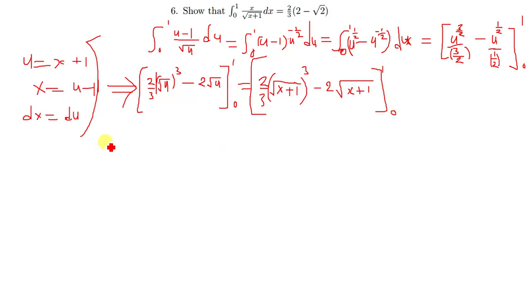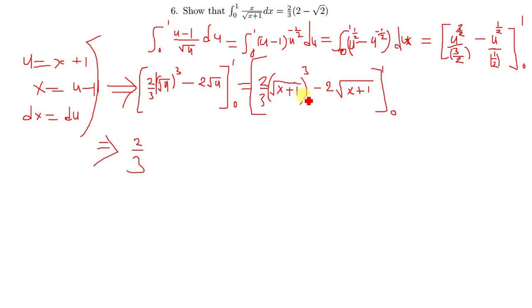So here it says now the matter of inserting our limits. We first start by inserting 1. While there is x, we put 1. So when we put 1, we're going to have 2 over 3, and then 1 plus 1, it will be 2.